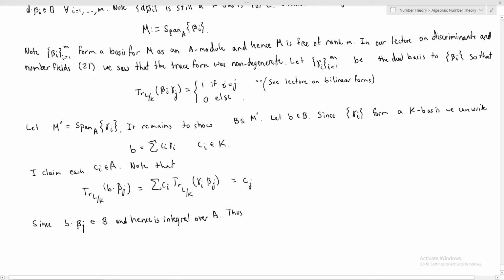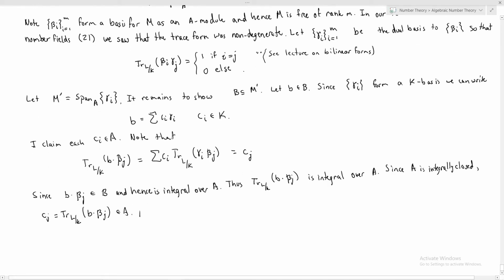If you review our lectures on norm and trace and Galois theory, you'll find the proposition that since this is integral over A, the trace is also integral over A. It's basically the sum of some Galois conjugates, each of which is integral over A. Since A is integrally closed by assumption, c sub j, which is the trace from L over K of b times beta sub j, lies in A.